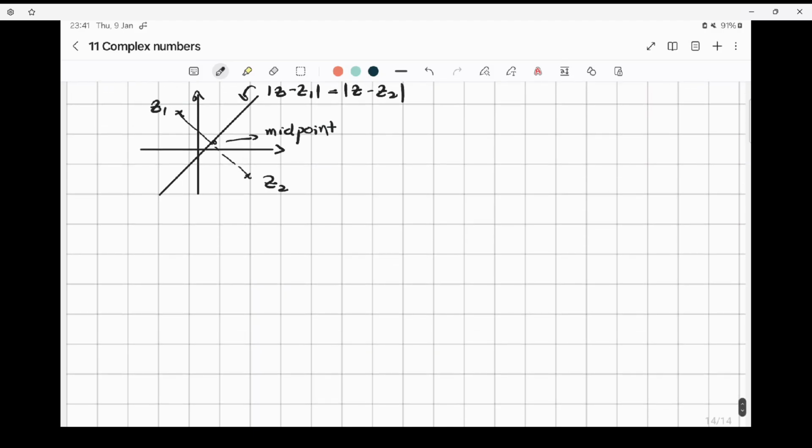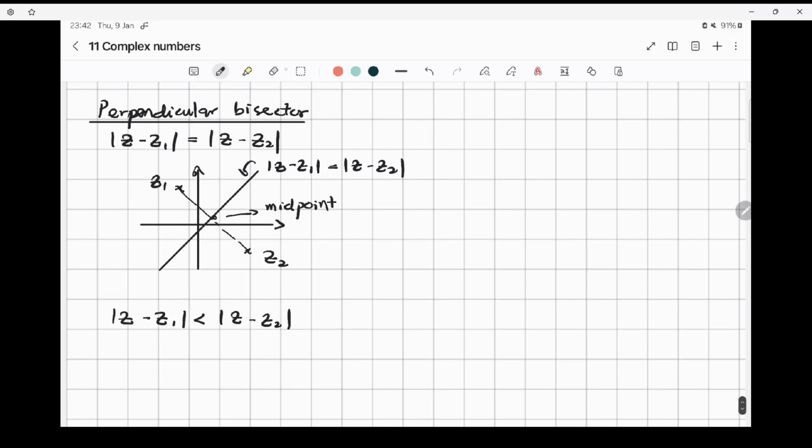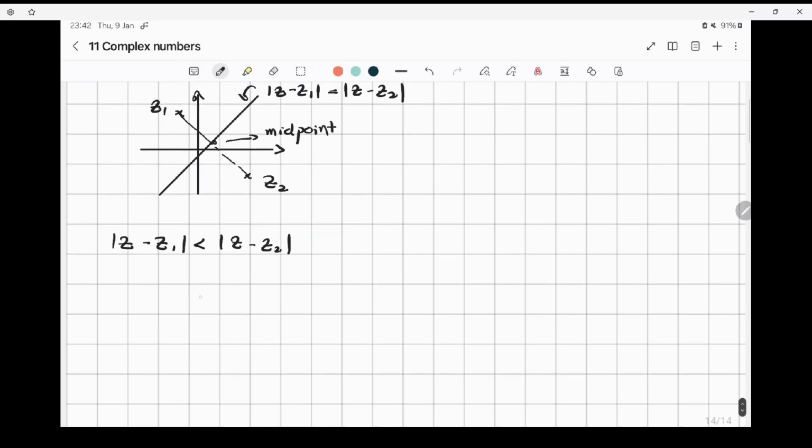So you can also have this kind of case. For example, modulus z minus z1 is smaller than modulus z minus z2. So in this particular case, what you would have is something like this. So the distance of z to z1, so we still draw this thing.